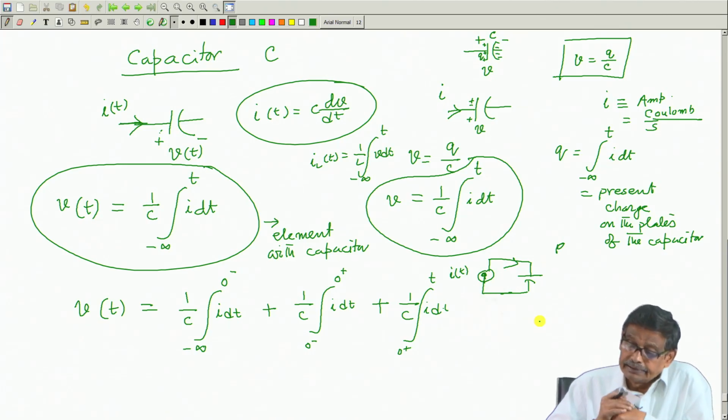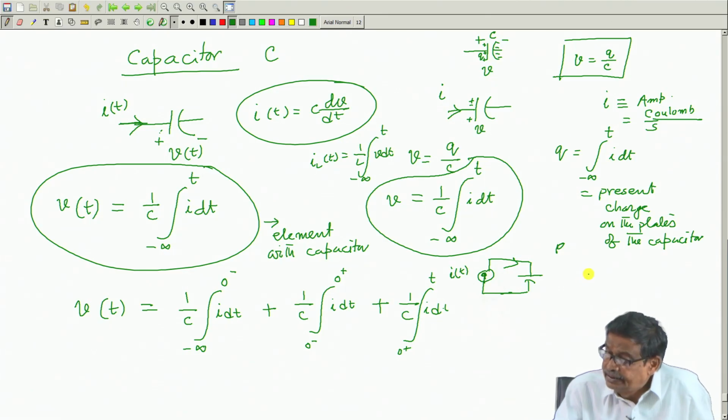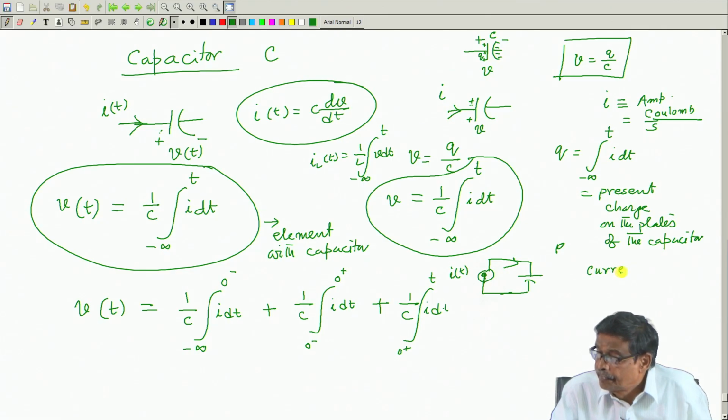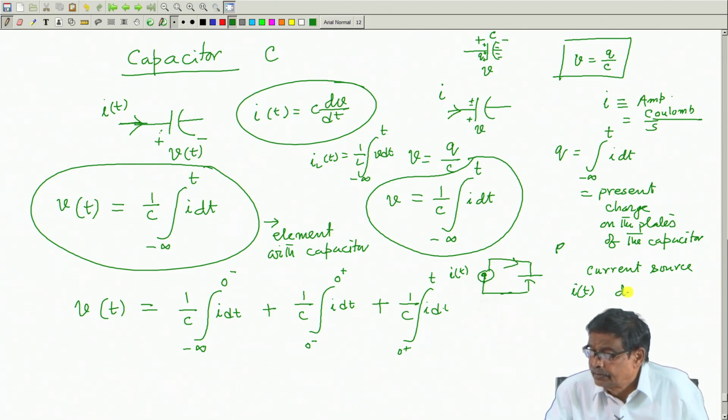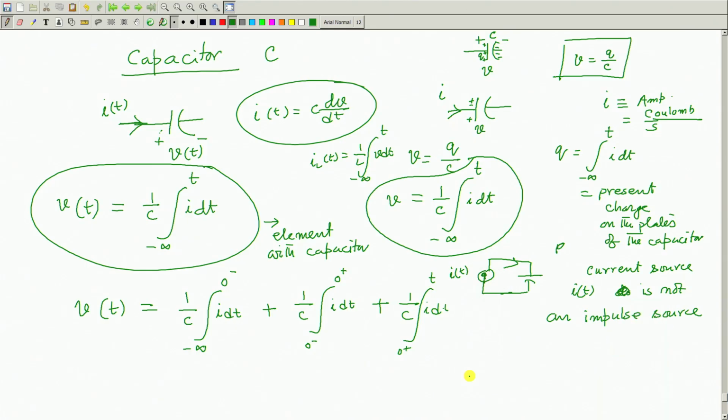And then I will say that whatever this current source is, it is a reasonable current source. It does not include an impulse. I t is not an impulse source. It is a reasonable function, maybe triangular, maybe sinusoidal, what not.